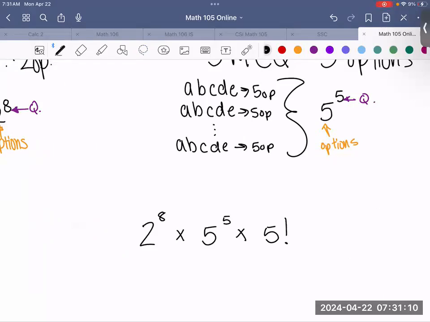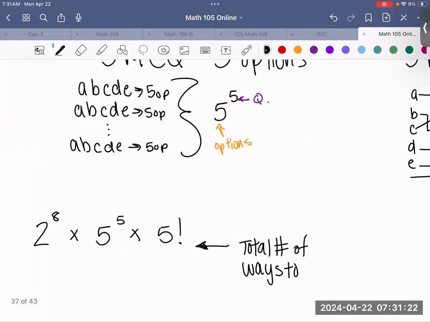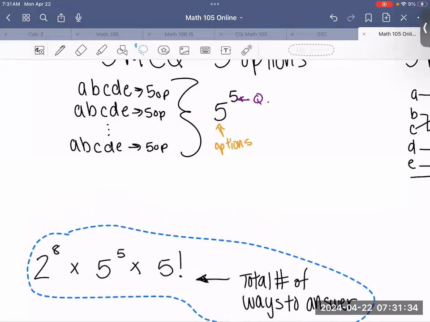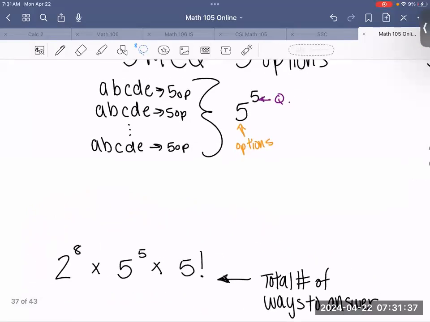Now this, if we multiplied all of these out, these are the total number of ways to answer your test, right? All of the number of ways to answer your test. But if our question is to get 100 on our test, well, how many different ways can you get 100? There's only one way to get a 100%.